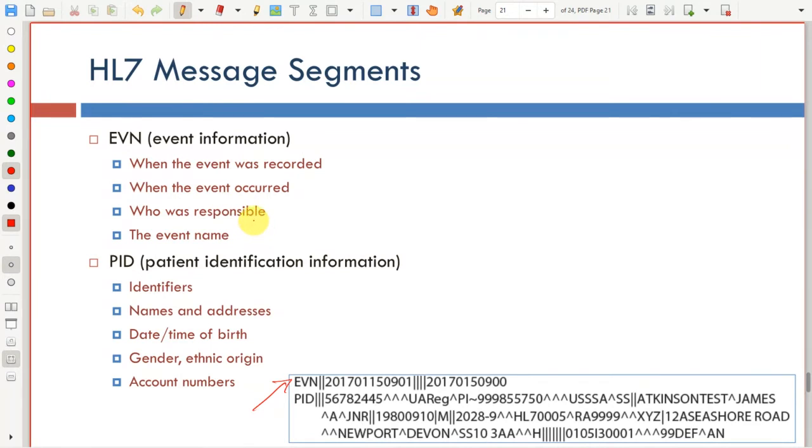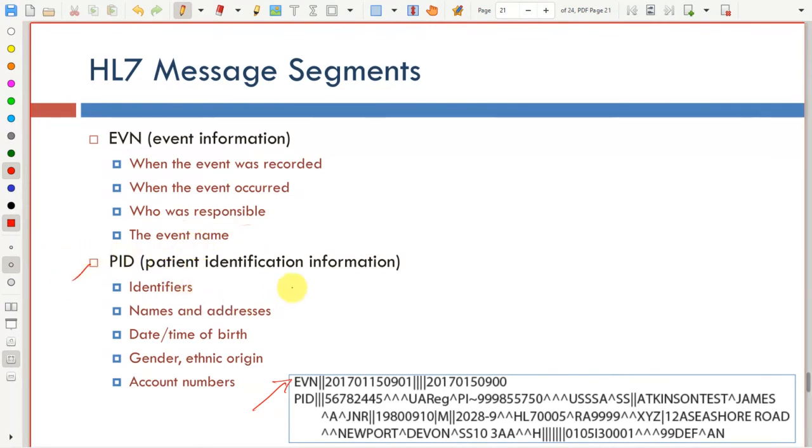Sometimes it's a person that does that, so you have to specify who is responsible. You sometimes also put the event name itself, since sometimes events have unique names.